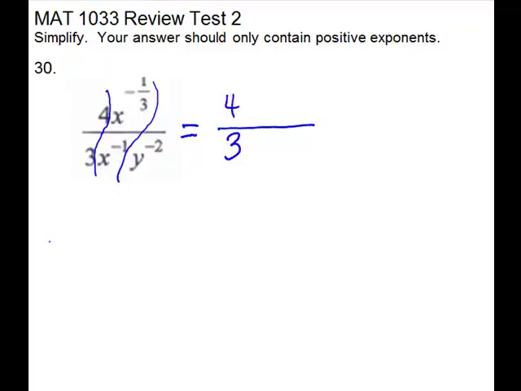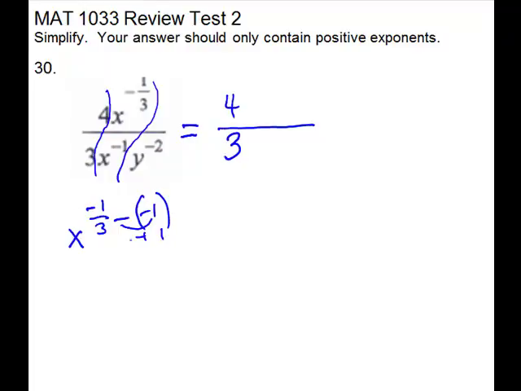For the x's, I'm going to work down below. And my rule when I have a fraction is keep the base and subtract the exponents. So I have a negative 1/3 minus a negative 1. And minus a negative is going to make plus. But I have a negative 1/3 and a positive 1.